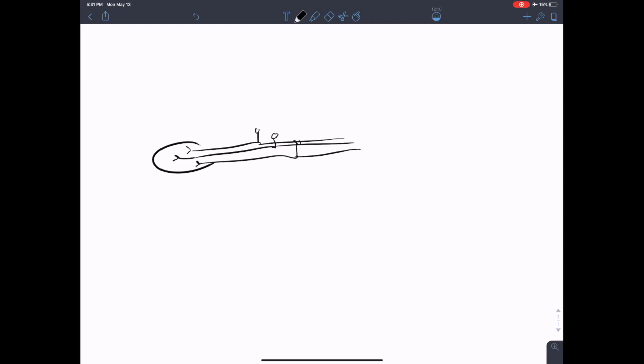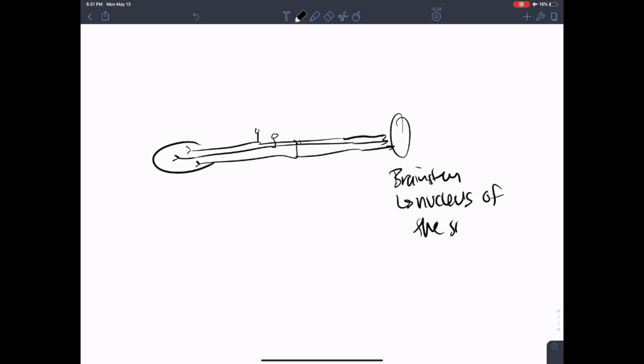Because they eventually all converge on a region in the brainstem, so this is the brainstem, called the nucleus of the solitary tract. And again, as I did with the olfactory one, I'm skipping the transduction part of this so that I can focus on the more big picture stuff. The transduction stuff, again, is just memorization. You can do that with the study guides. So this is the nucleus of the solitary tract.